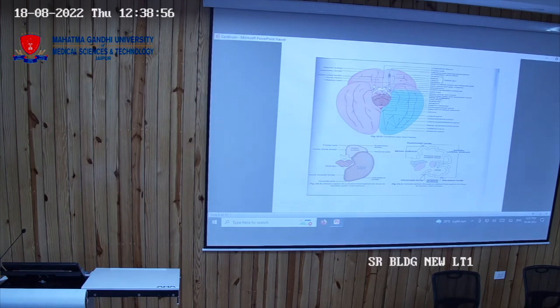The contents of the interpeduncular fossa, see this diagram, I will show you again. You are seeing here the two rounded structures. These are the mammillary bodies. Just posterior to the mammillary bodies is the part of the posterior perforated substance.